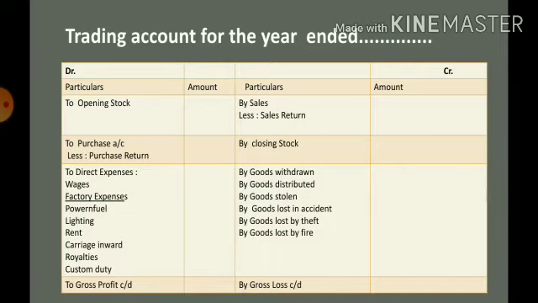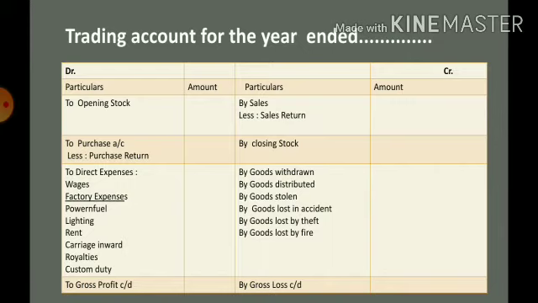Then all adjustments regarding goods will be recorded in trading account because it is directly related to trading activity. So goods withdrawn by partner for personal use, goods distributed, goods stolen, goods lost in transit or accident, goods lost by theft, goods lost by fire.